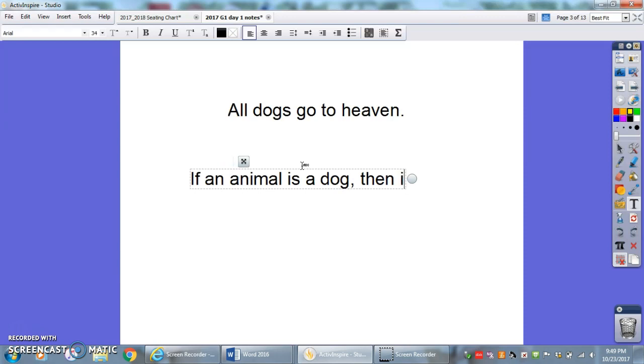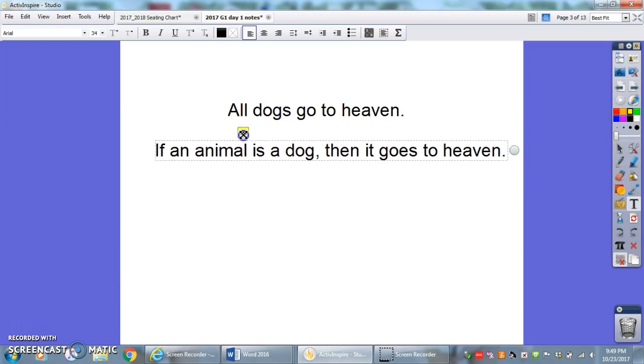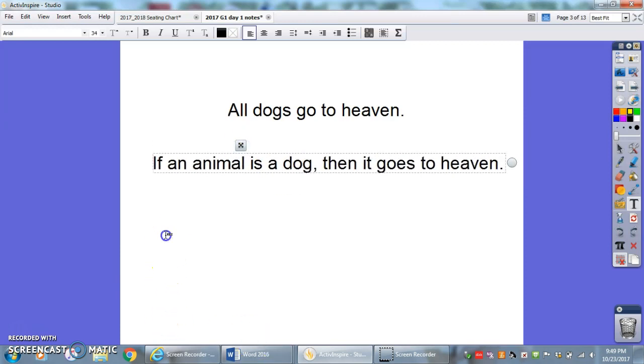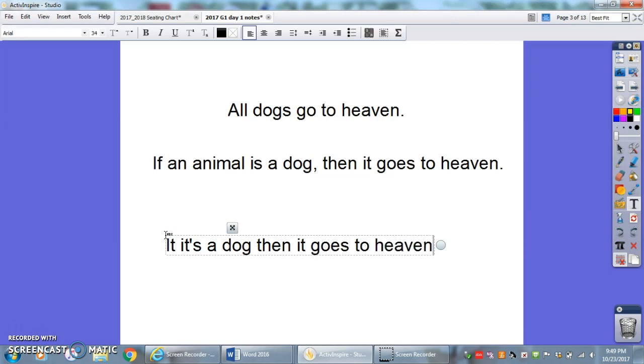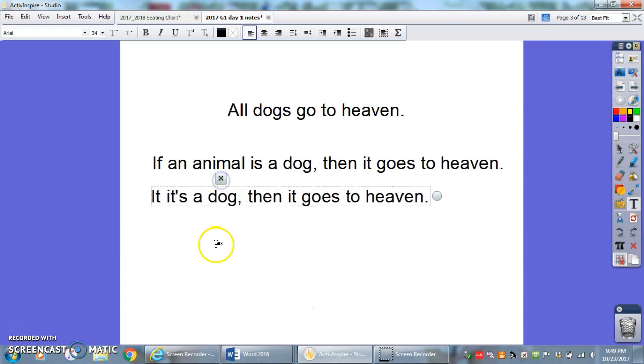Now you could write, if it's a dog, then it goes to heaven. You didn't add the word animal, but we still understand what you're saying. So that's an example of not always being so simple when you have to write the conditional.